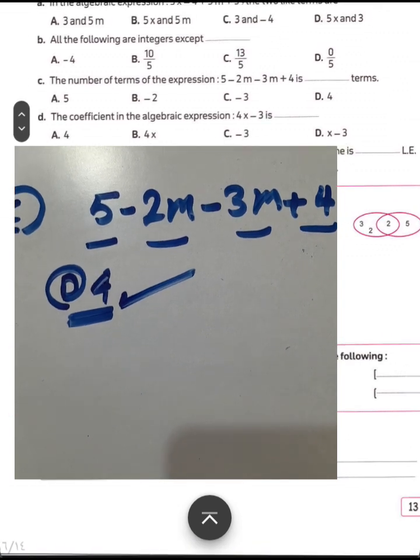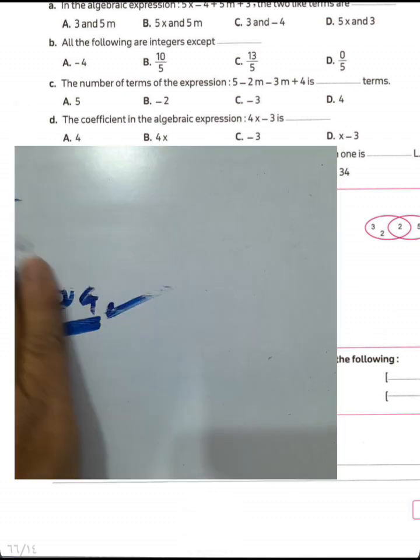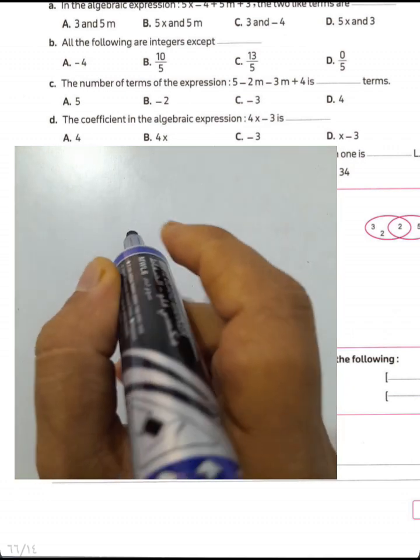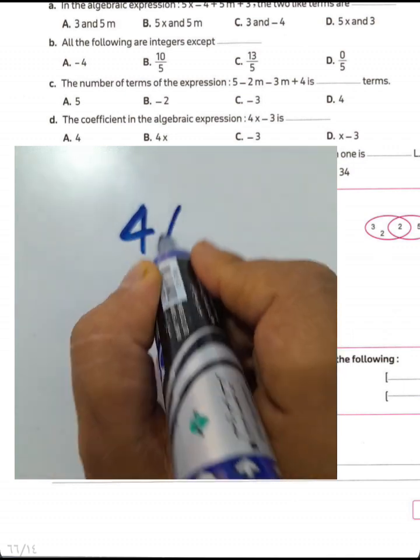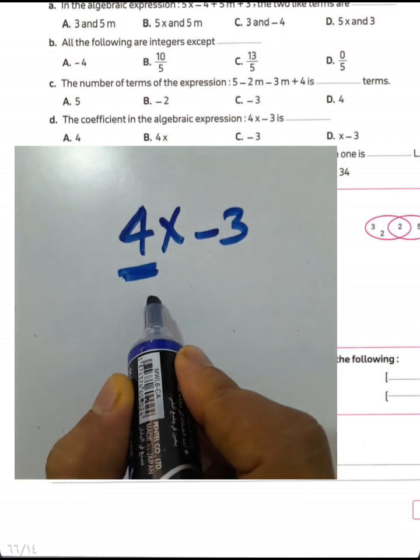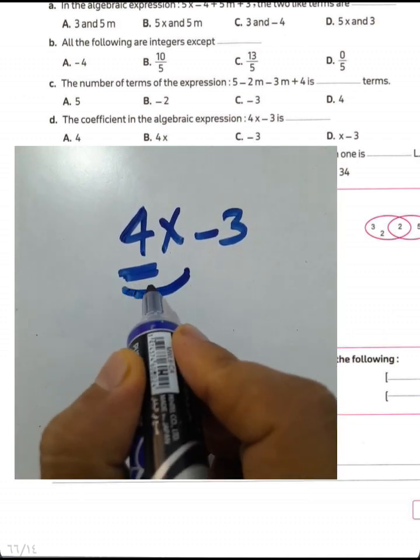Question letter D. The coefficient in the algebraic expression 4x minus 3, you want to find the coefficient. We know the coefficient in this example will be 4. 4 is the coefficient, but 4x we call a term.